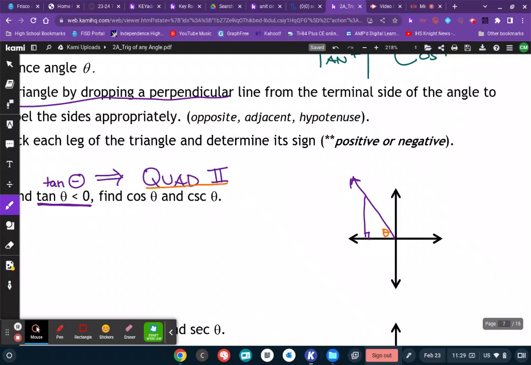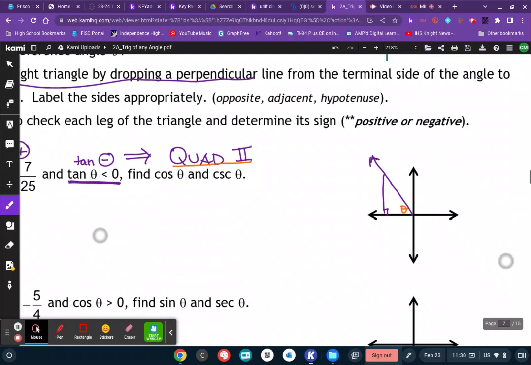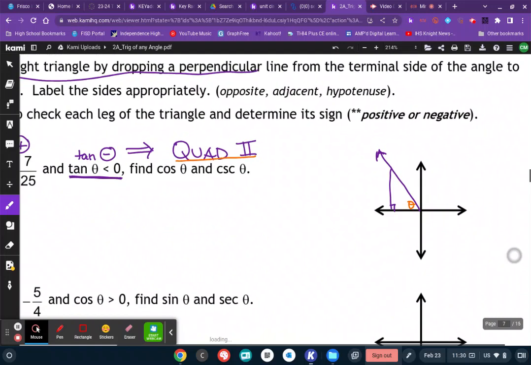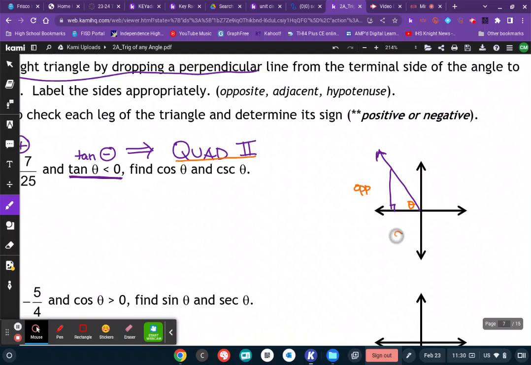It also tells me in that step to label the sides appropriately. So if I know where theta is, I know my opposite side, my adjacent side and my hypotenuse.